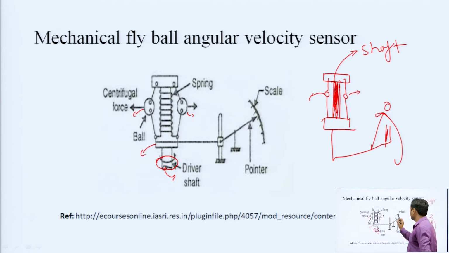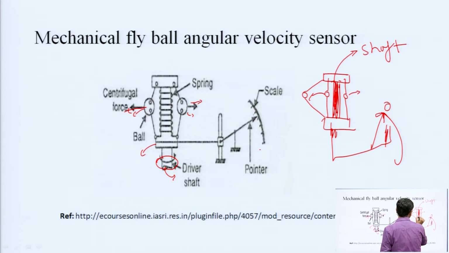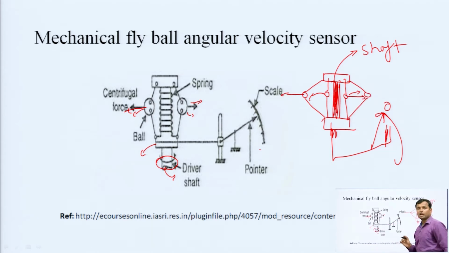Now, when the shaft rotates, a centrifugal force will be developed, and because of this centrifugal force, the balls get away from the shaft. Presently the needle is on 0, and when the shaft rotates, the balls will be in an away position, away from the shaft, because of the centrifugal force developed.